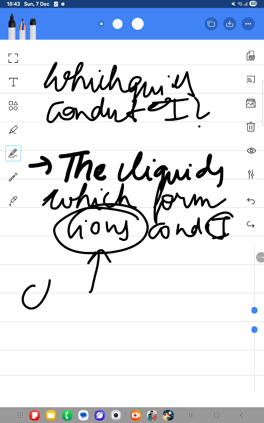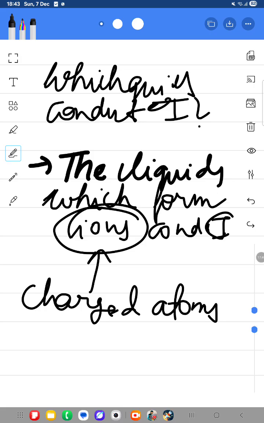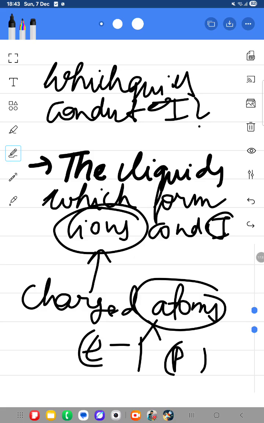Ions are charged atoms. The atoms that are having charge are called ions. And which particles are having charge? The electrons and the protons. Ions are the charged atoms.